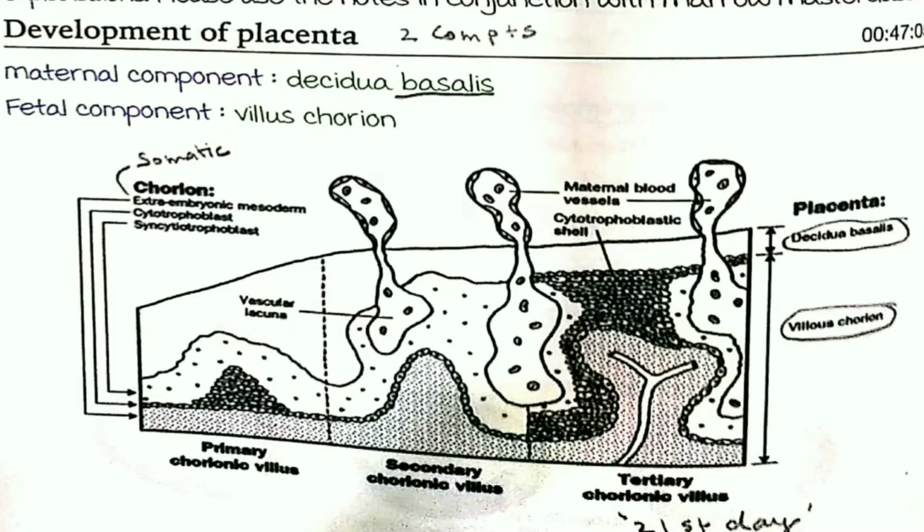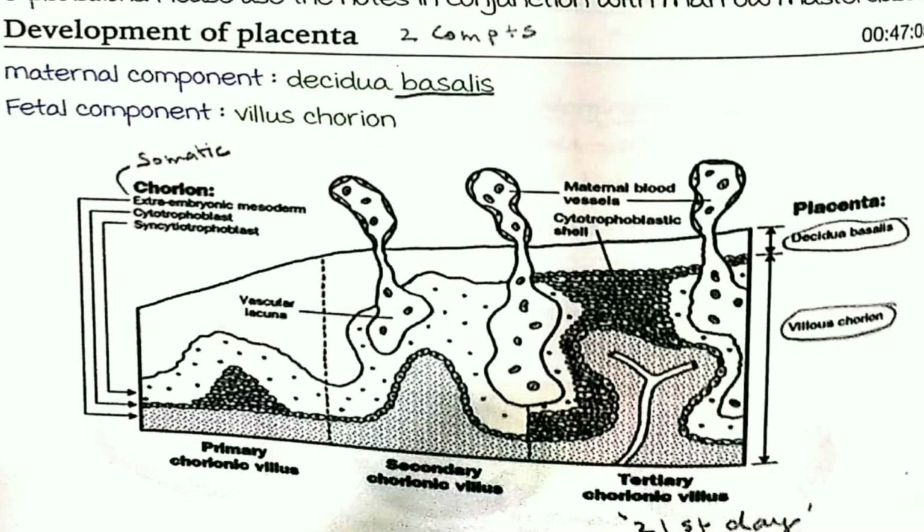But the fetal component of placenta is the tertiary chorionic villi, which is also called villus chorion. In the tertiary chorionic villi, there will be blood vessel formation. That is, some of the somatic part of extraembryonic mesoderm will differentiate into blood vessels, and thereby we form the tertiary chorionic villi.